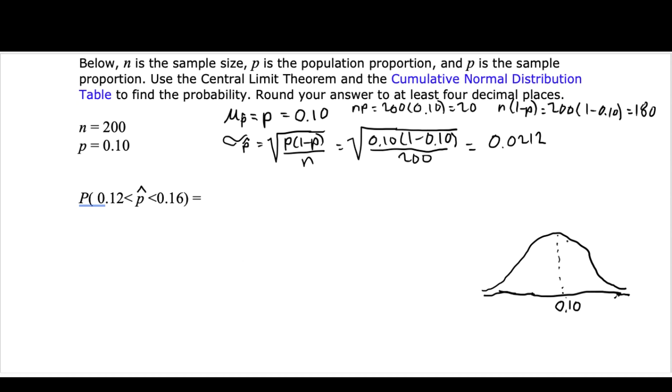So I'm trying to find the area under this curve that falls between 0.12 and 0.16. Shade that area here.